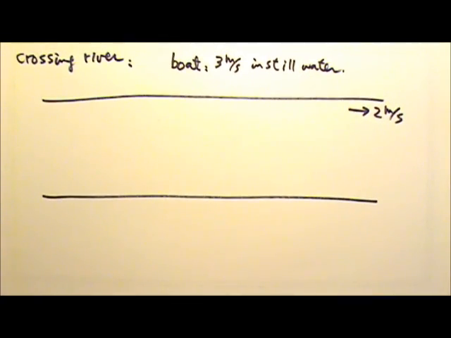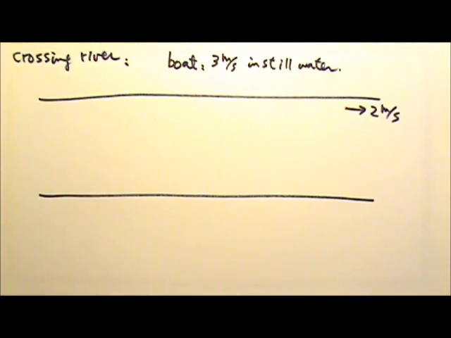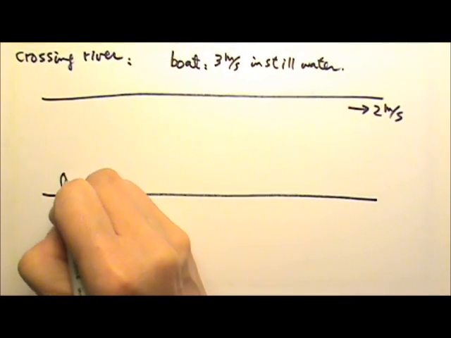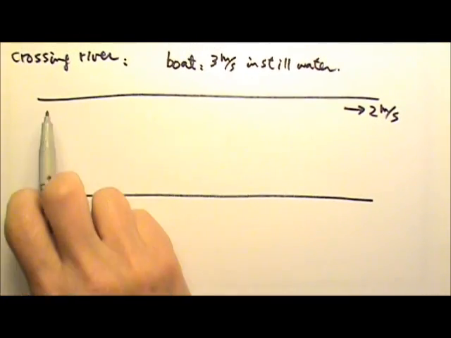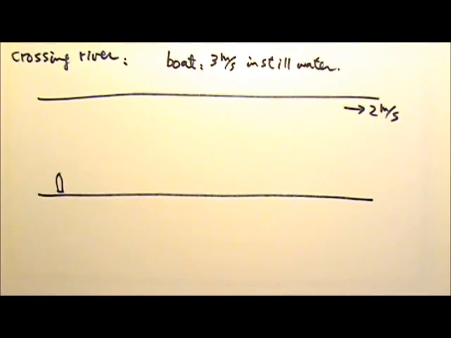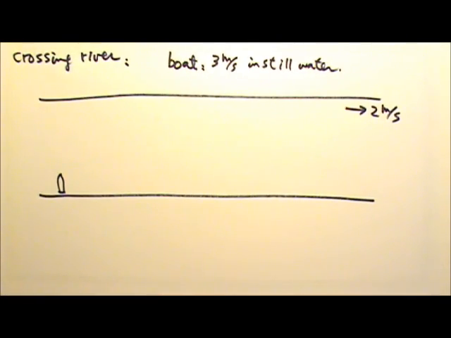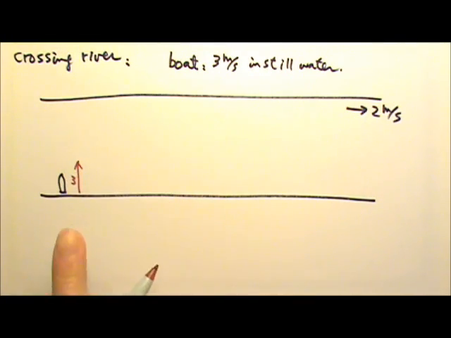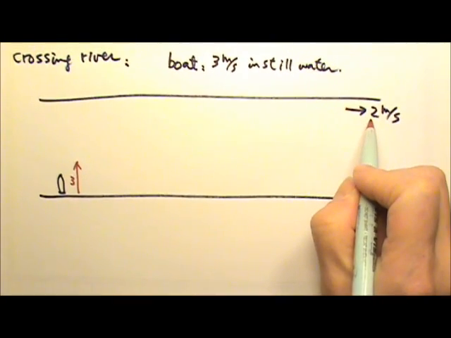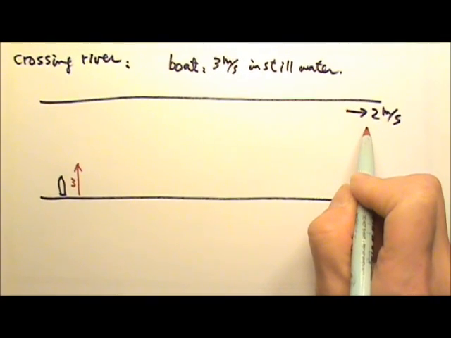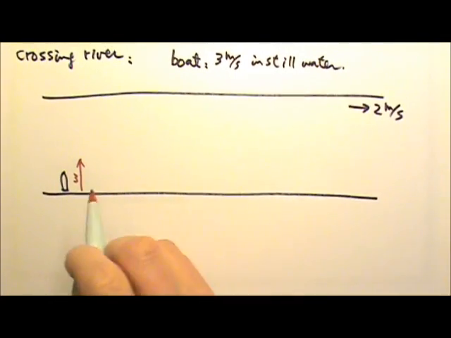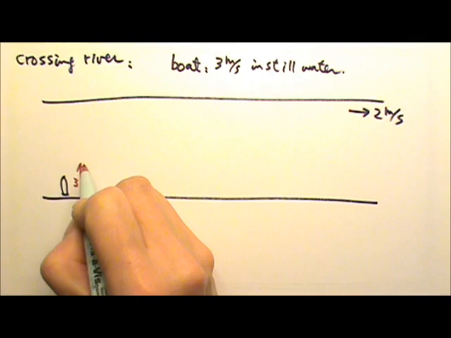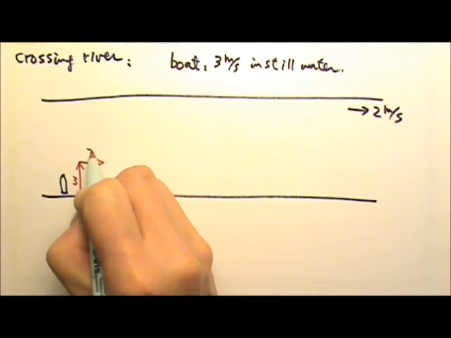Most likely, the two kinds of problems you would see would be for the boat to aim straight across. If the boat aims straight across, that means the boat gives itself a velocity that is 3 meters per second going that way. But the river current also gives the boat a velocity that is 2 meters per second.